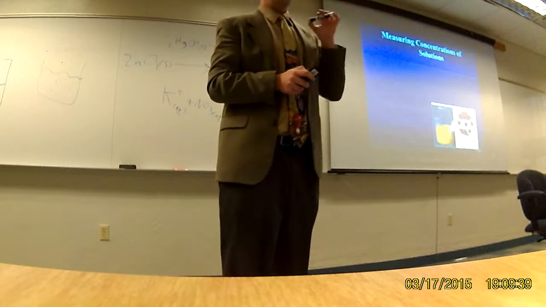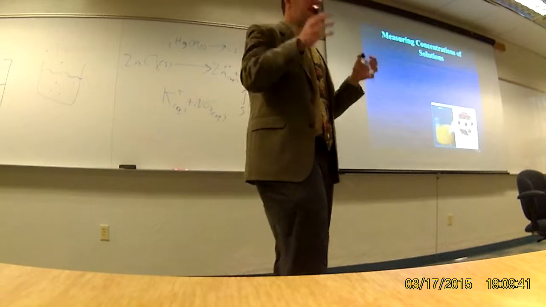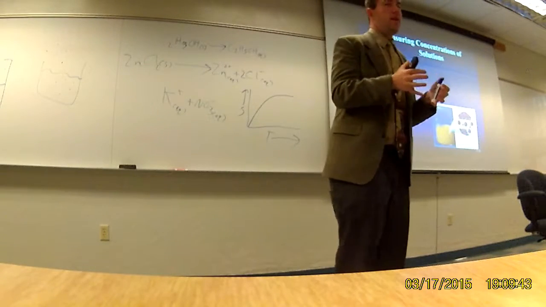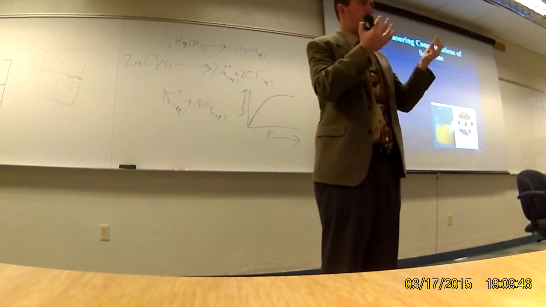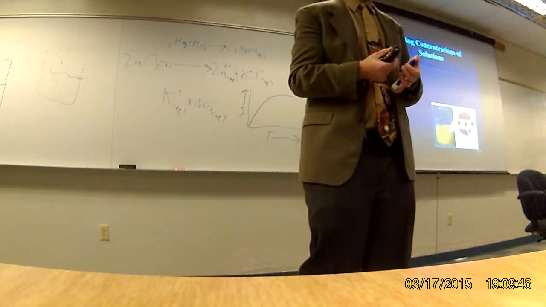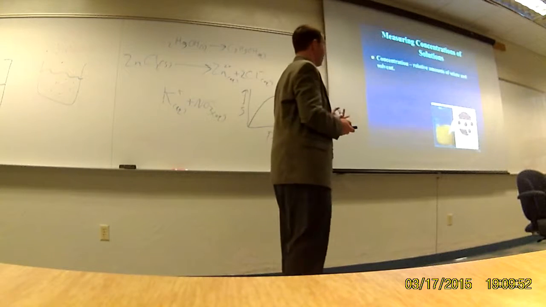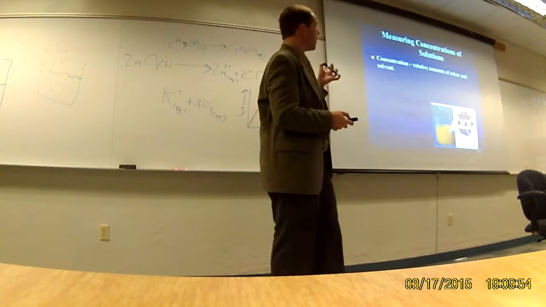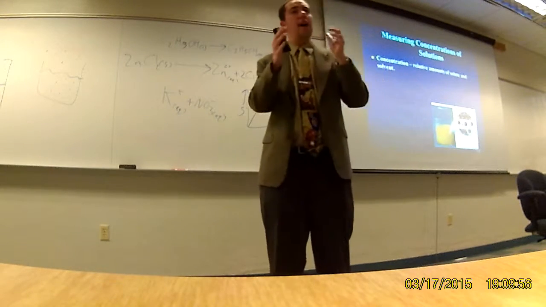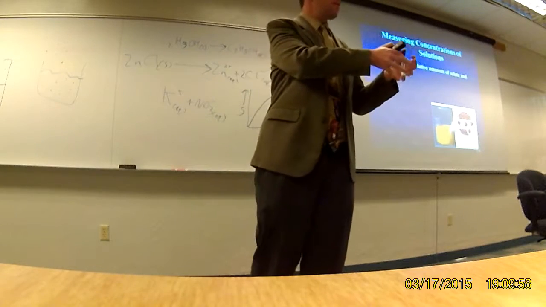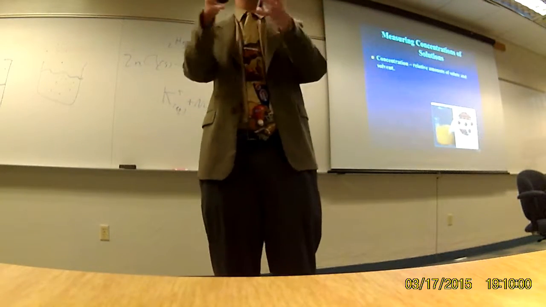So, now that we know what a solution is, we can talk about numbers of concentrations. We can measure the concentration of a solution a number of ways. Basically what the concentration tells us is how much of the solute there is versus the solvent.